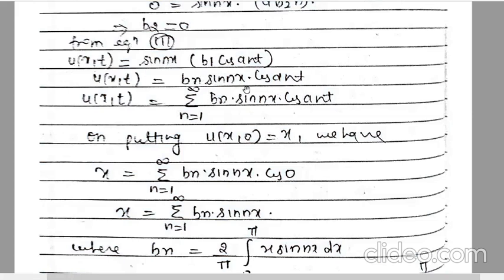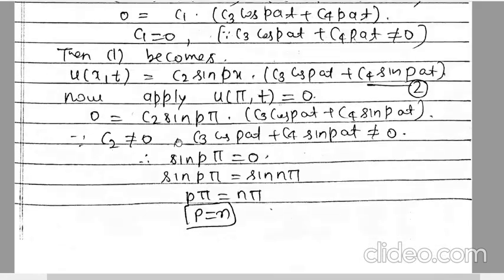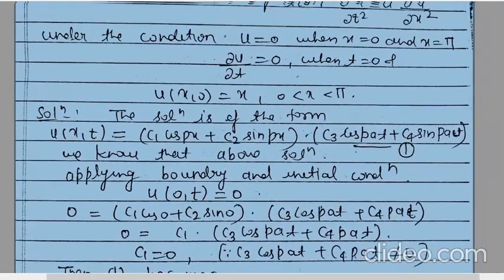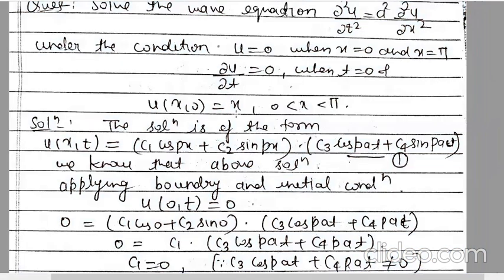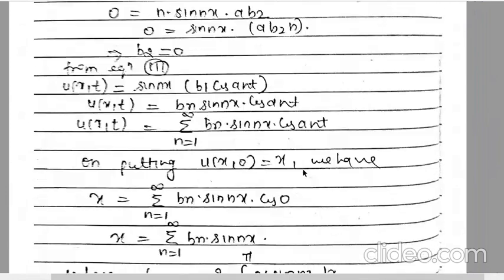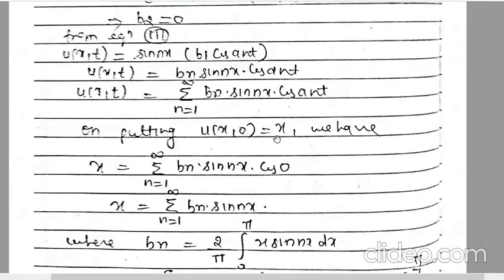We can write this one because it is for n variables. So u(x,t) = summation n = 1 to infinity bn sin nx cos ant. Now another condition is given, u(x,0) = x, 0 < x < pi.